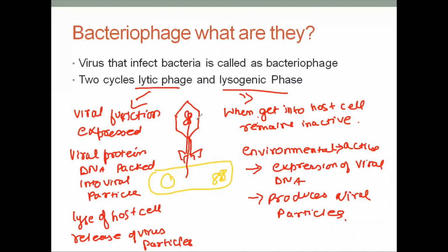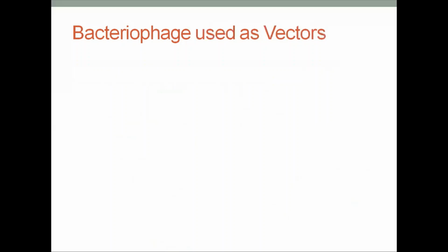So this is how the bacteriophage works, and we are using this bacteriophage as a vector. The reason we use it as a vector is that bacteriophages are more efficient than plasmids. How?